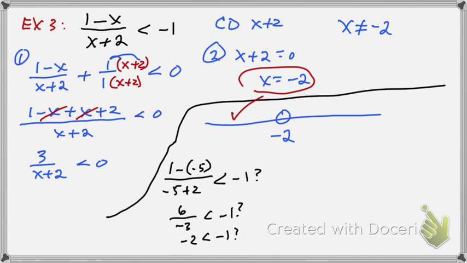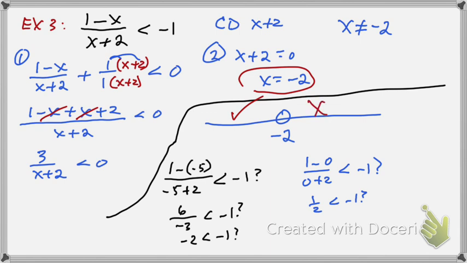And then I need a value bigger than negative 2. 0. Yeah, always go with a 0 if you can. So I've got 1 minus 0. I've got 0 plus 2. Is that less than negative 1? Well, on top I've got 1. On the bottom I've got 2. Nope. So this side doesn't work.